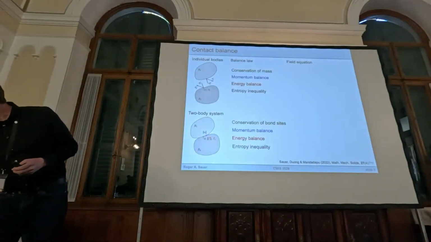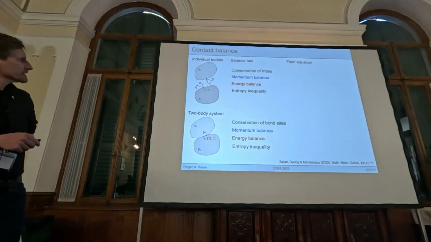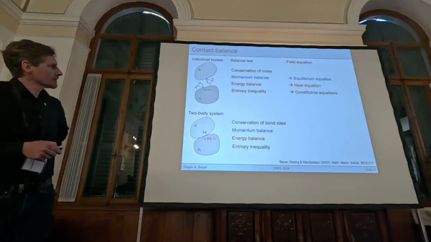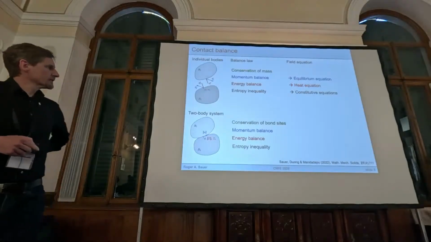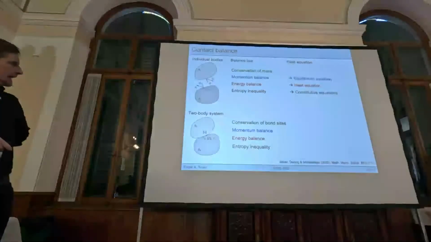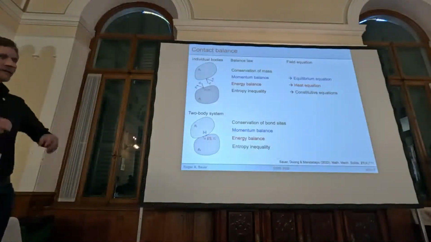One can derive the general balance laws for the individual bodies in a classical manner and obtain equilibrium, I mean mechanical, thermal, and constitutive equations. One can do it also for the two-body system, and we have looked at conservation of bonding sites.